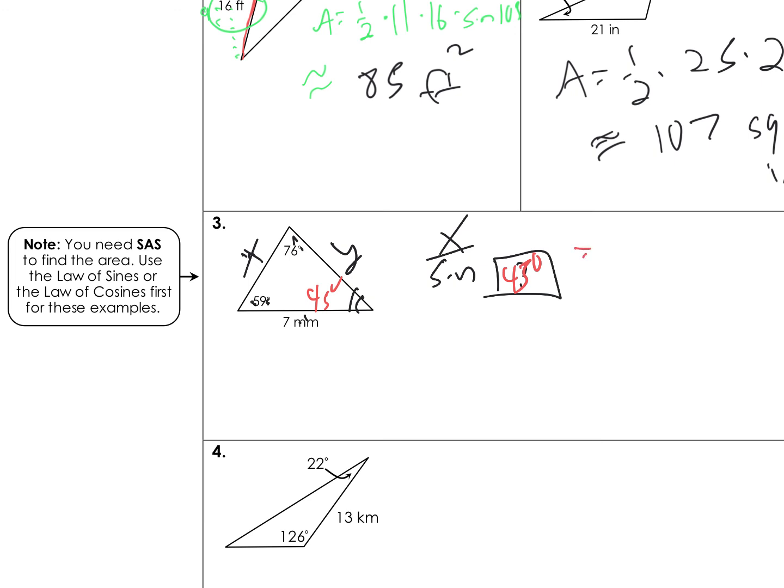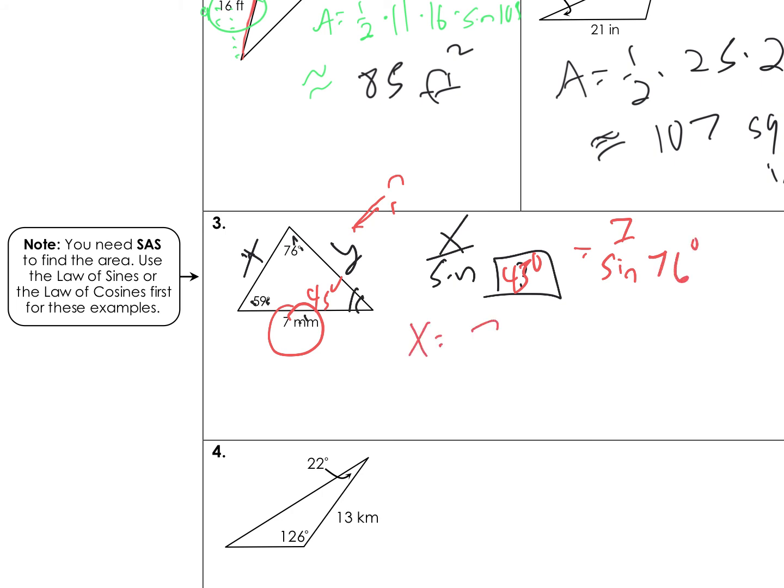Equals to, I guess I'm going to pick side of what? The 7? Yes. I don't have the other one, do I? No. 7 over sine of what? 76 degrees.